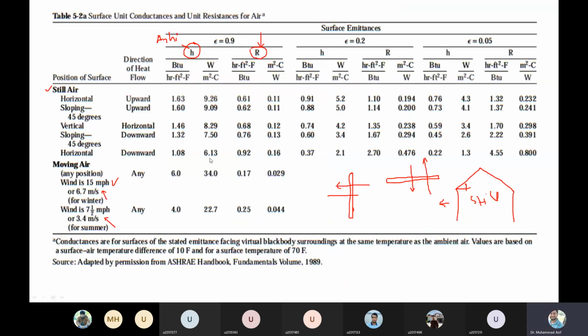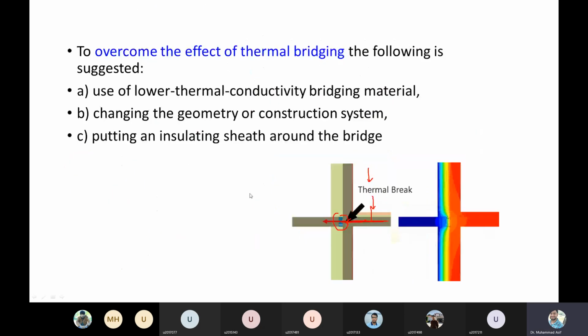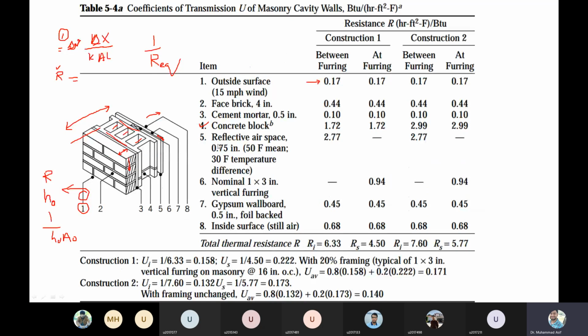The speed was how much? 15 miles per hour. So where is 15 miles per hour? This is the wind at 15 miles per hour, so we have to read the values of the resistance. This is the resistance. So let me see. This is the value of 0.17, right? So let's say the resistance here will be 0.17.